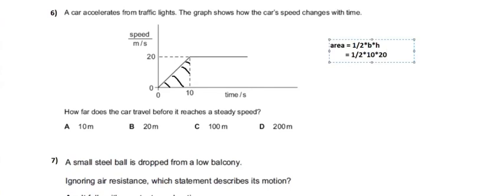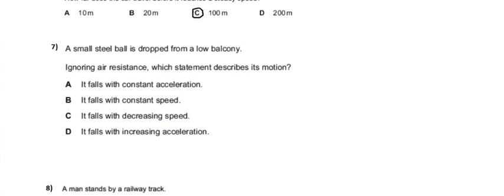So if you calculate, it is half into 20 into 10, that is nothing but 100 meter. So our value is 100 meters, that is option number C. All other answers are incorrect. So it is the area under the line, that is 100 meter, option number C.